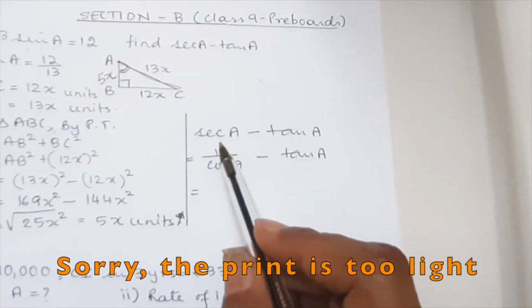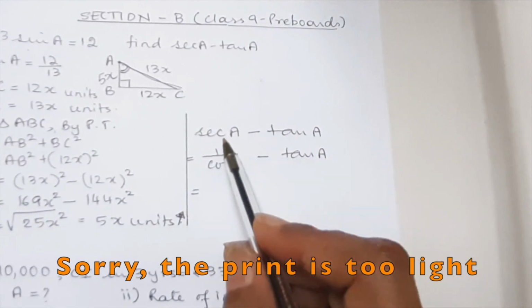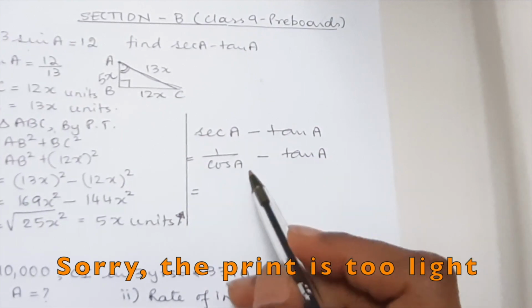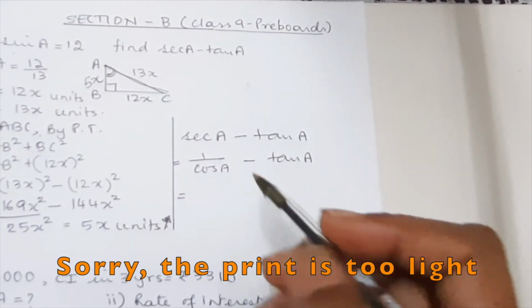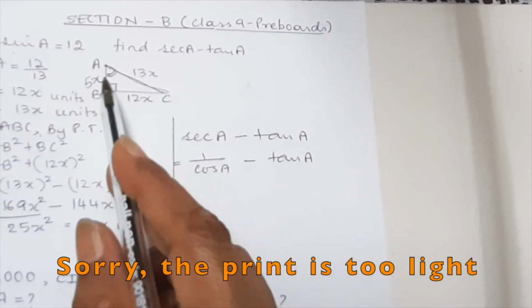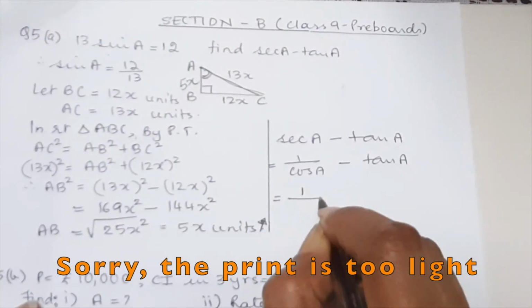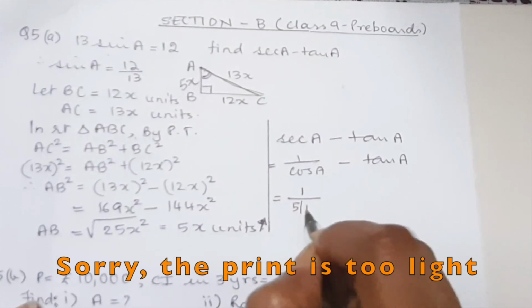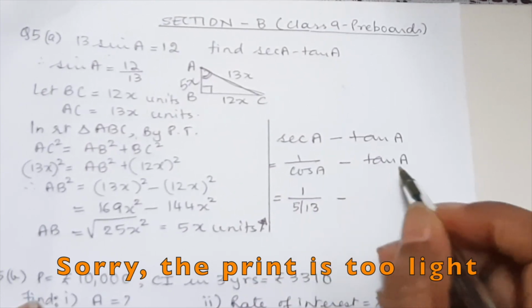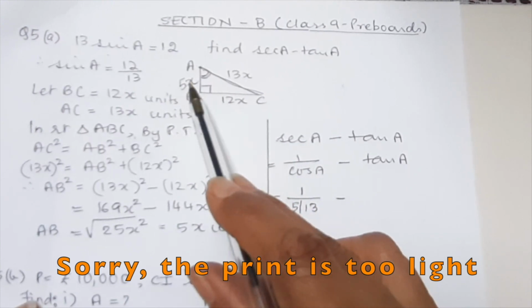Now we have to find the value of sec A minus tan A. Now sec A is 1 upon cos A, correct? So cos is adjacent upon hypotenuse. So I shall write it as 1 upon 5x upon 13x becomes 13 upon 5, minus tan A is going to be opposite upon adjacent.